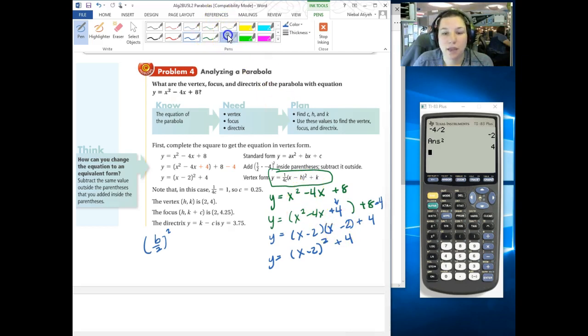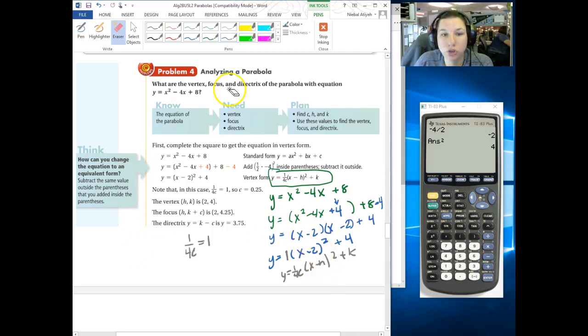So if I line this up, we had a 1 here, right? So 1/(4c) equals 1. If you just literally line these up, 1 equals 1/(4c). Our h is 2, and our k is 4.